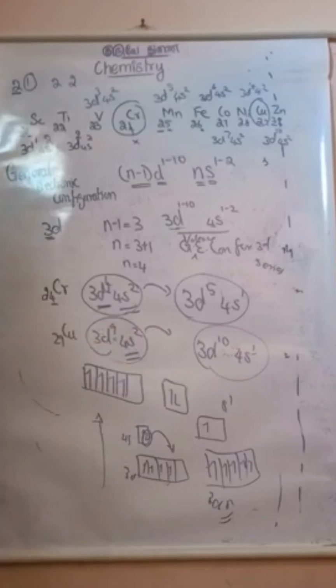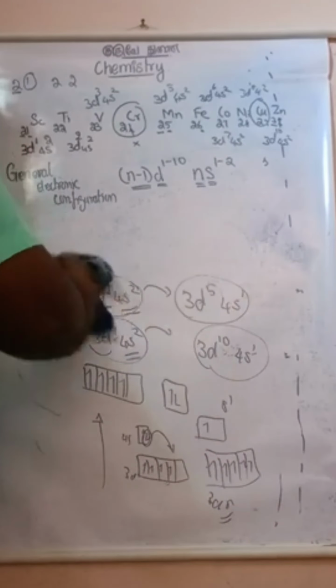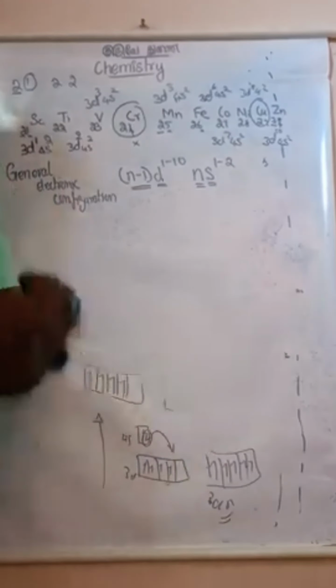The only other thing we need to remember in electronic configuration is that palladium is the only element which does not have any electron in the s subshell. All the s electrons jump to the d subshell. Palladium comes under nickel: nickel, palladium, platinum.